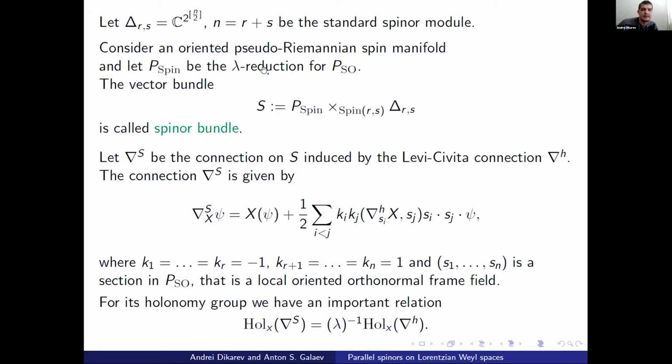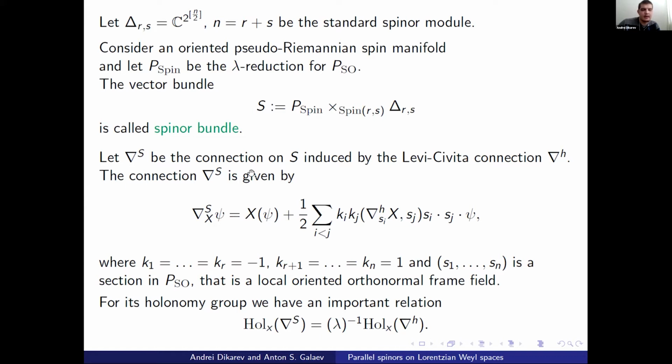Consider the oriented pseudo-Riemannian spin manifold and let P_Spin be the lambda reduction. The associated vector bundle S, given by this formula, is called the spinor bundle.